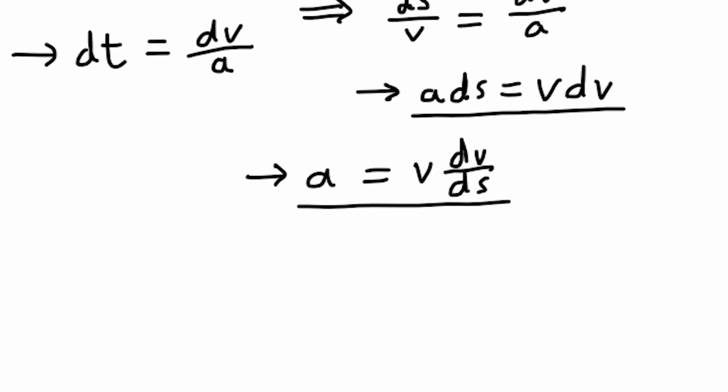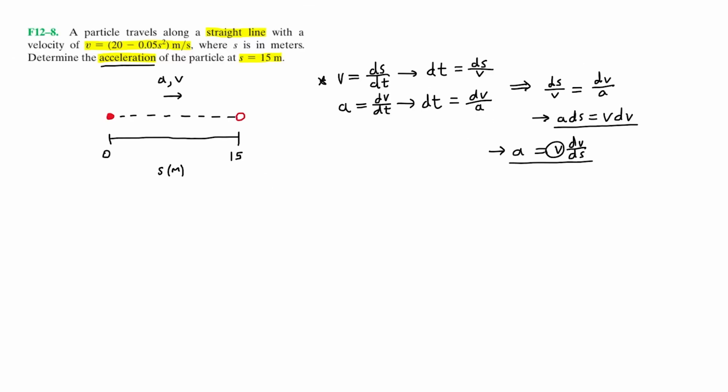times dv over ds. Here we know what v is, as we're given the expression for velocity, and we can use this expression to find dv, the derivative of velocity with respect to position ds. So all we need to do is differentiate this expression.